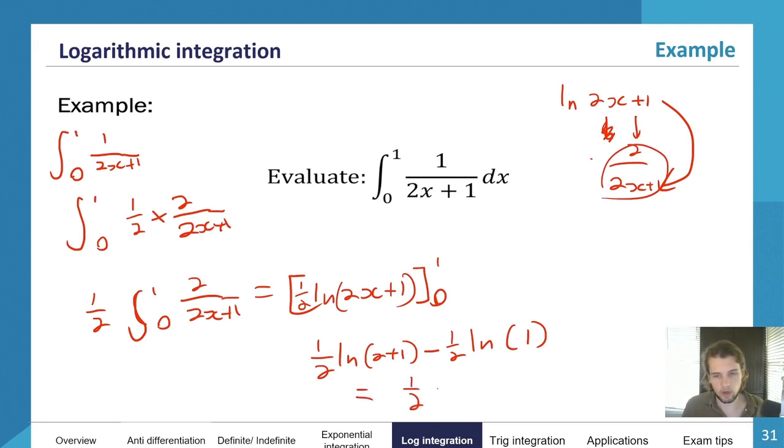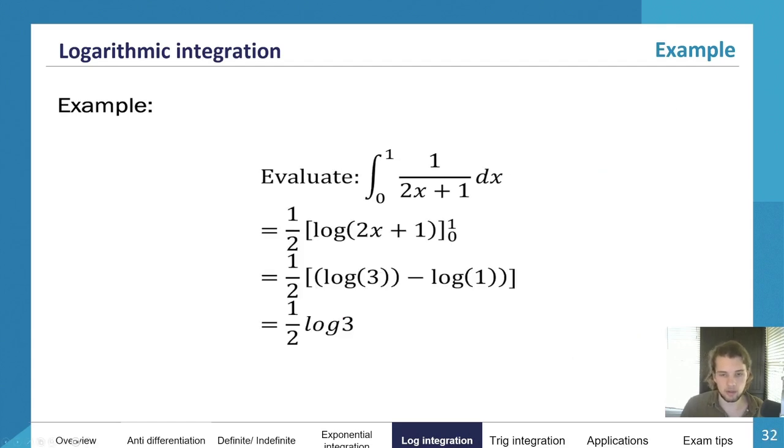So we could just put 1 over 2 outside at the front of everything, and we say ln 3 minus ln 1 is equal to 1 over 2 ln(3 over 1), which is equal to 1 over 2 ln 3, if I haven't made any mistakes.